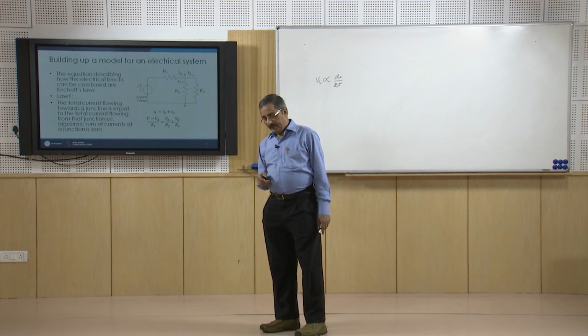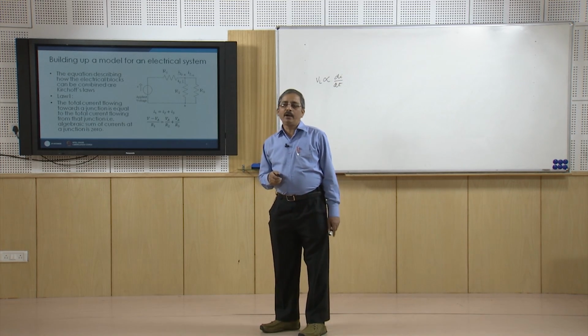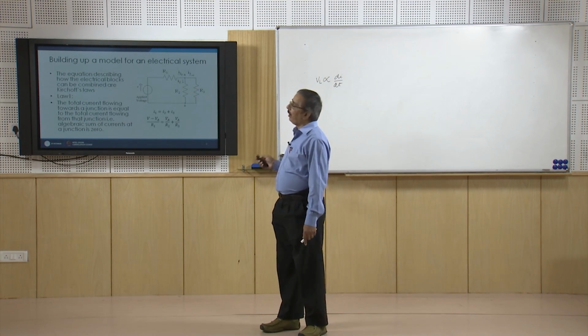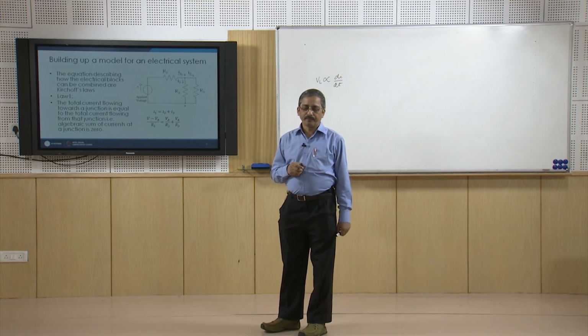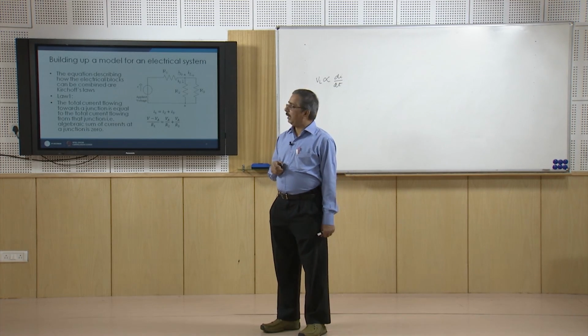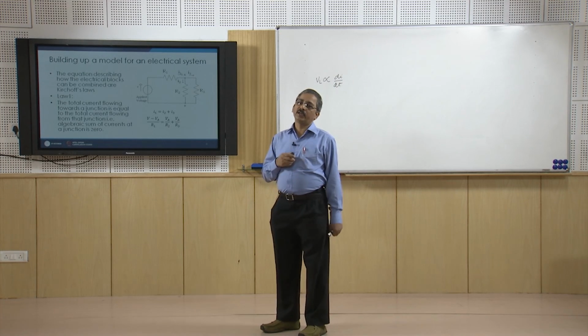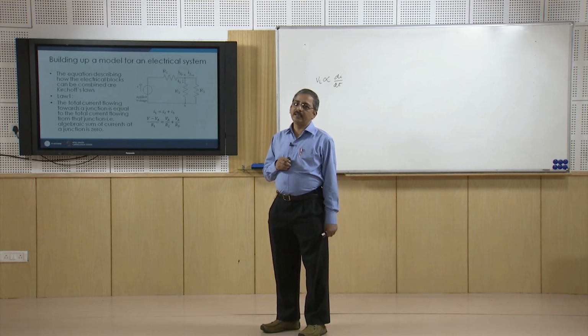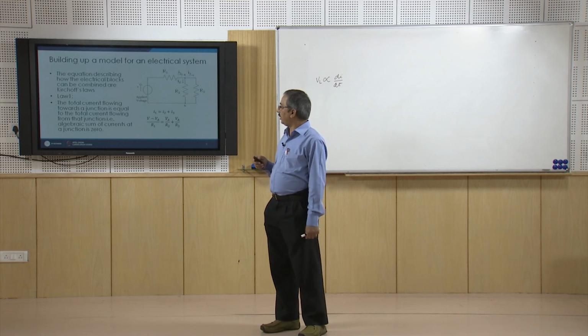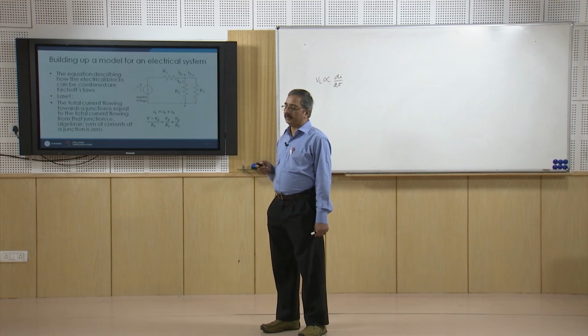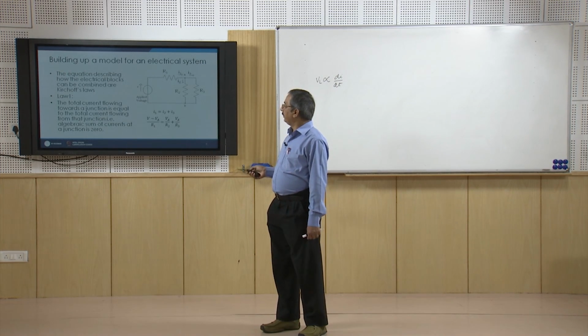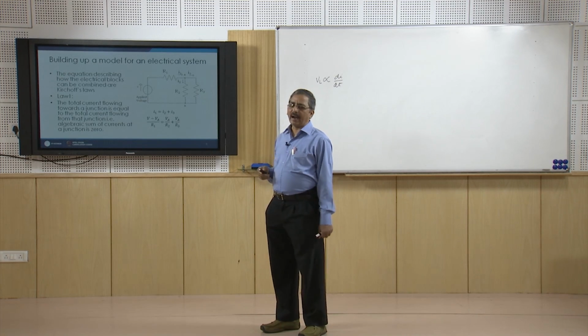Now, if we want to build up a model of an electrical system, we can do so by using the two laws of Kirchhoff. These laws of Kirchhoff are what people call the current law and the voltage law.